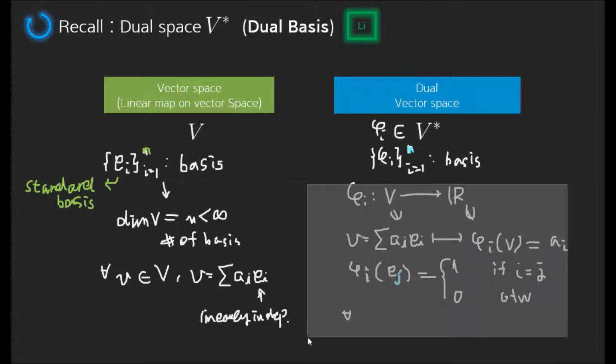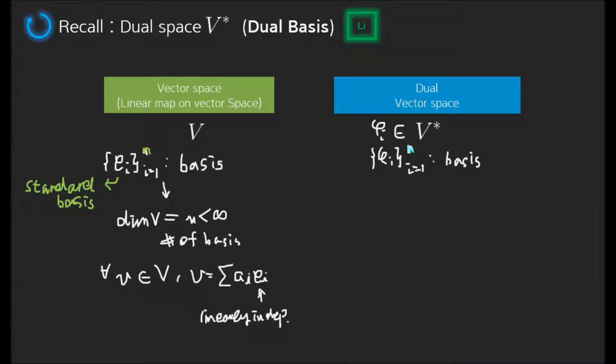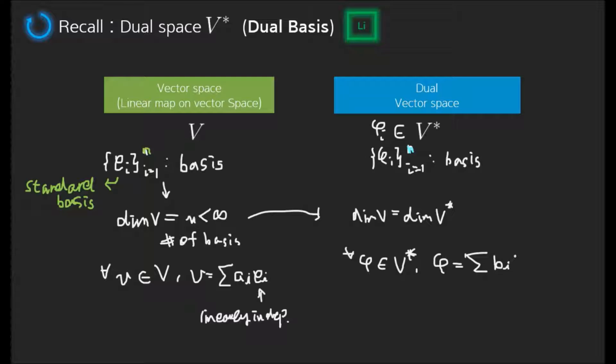I will delete this condition. The theorem is: dimension V is equal to dimension V star. And every element phi in the linear functionals is generated by the dual basis elements.